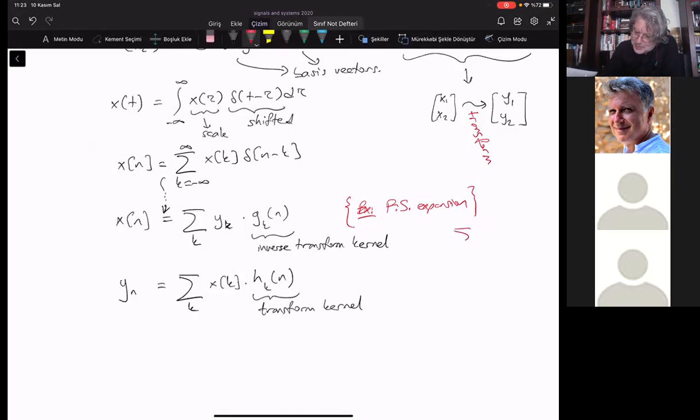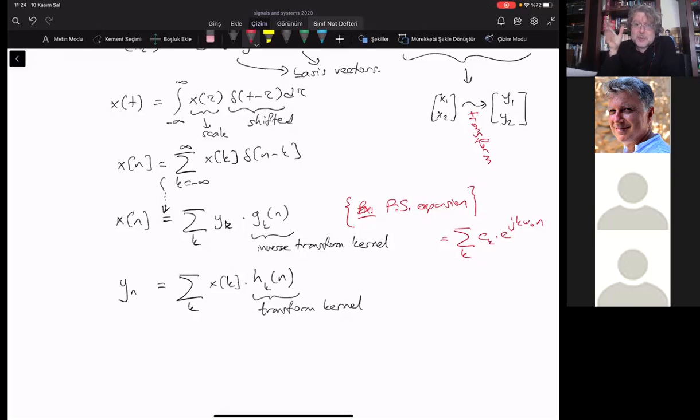Do you remember this Fourier series expansion? x of n is equal to, for all k, c k times e to the jk omega 0 n. This e to the jk omega 0 n is actually g sub k of n. It's a function of n, and it changes with k. For different k, these g k's are orthogonal to one another.